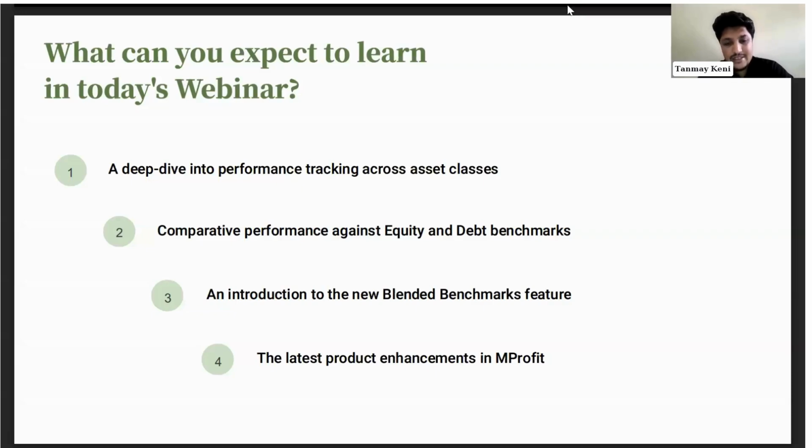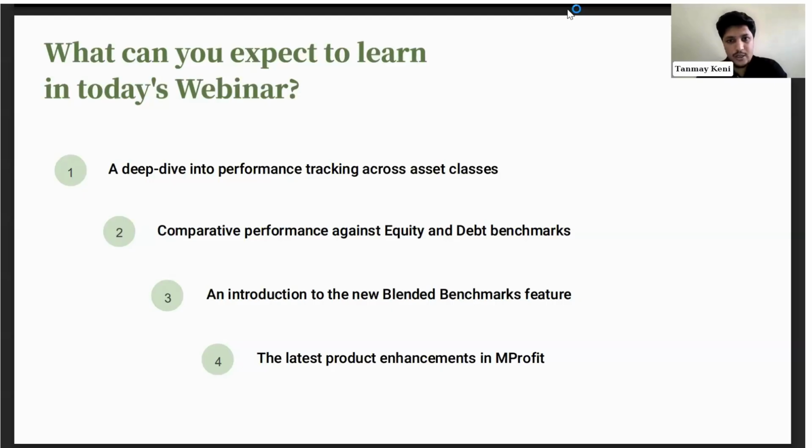Then comparative performance against equity and debt benchmarks, how you can get the comparative performances for different categories such as equities and debt. Similarly, we'll introduce the new blended benchmark feature we have introduced recently. And then lastly, we will talk about the latest product enhancements as well. So last couple of months, whichever features we have introduced, we'll talk about it as well.